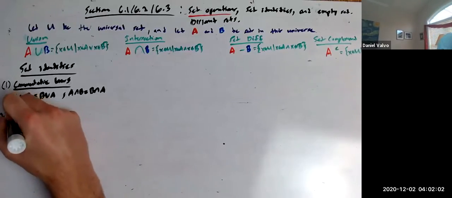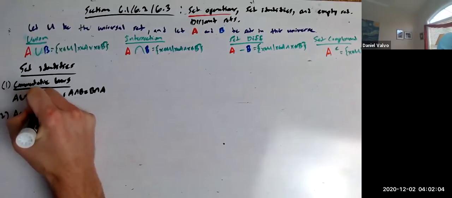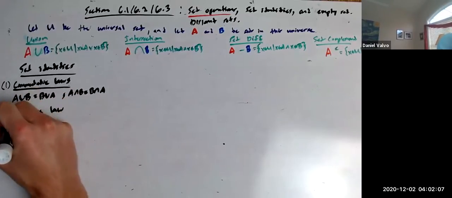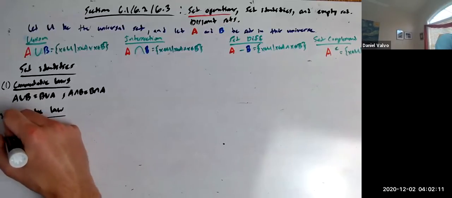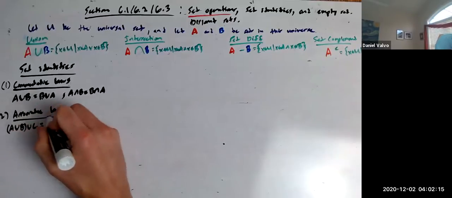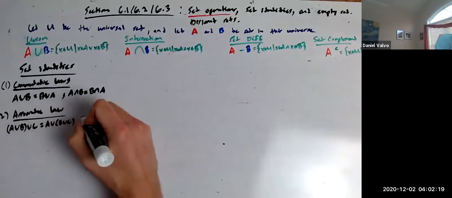But two, we have the associative law. The associative law says that (A union B) union C equals A union (B union C).